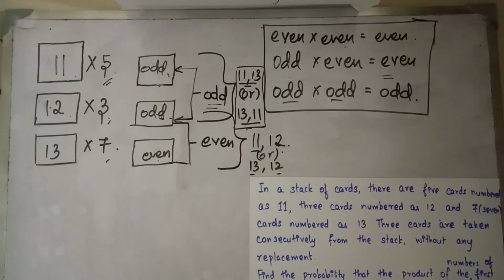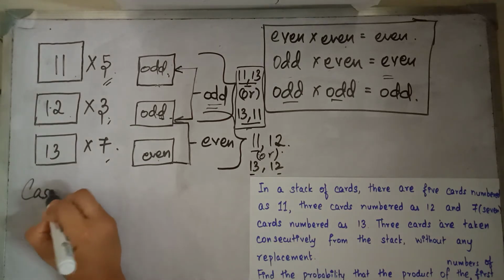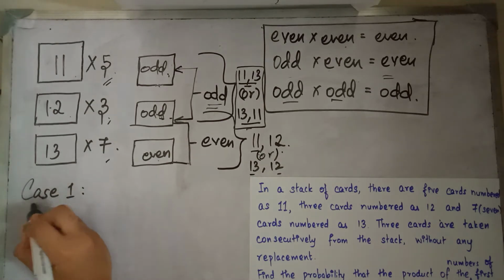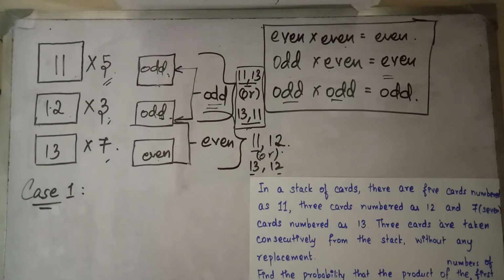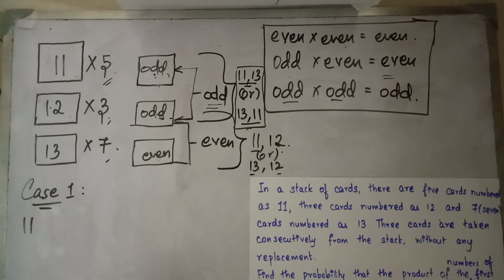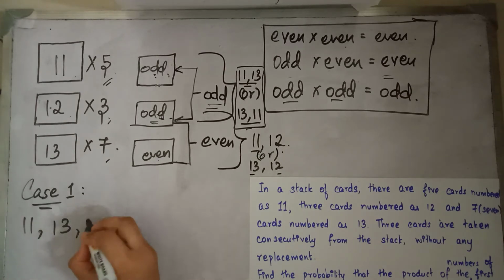Odd number, even number. Okay, I'll be writing it down in different cases so that you can be more clear. We have case 1. In case 1, I should get an odd number first. We can have 11 first, and then the second one also has to be odd. So the second odd number is 13, and then I could have 12.